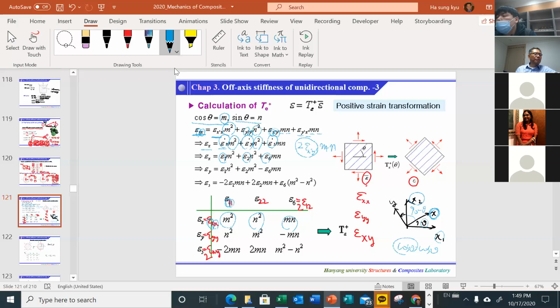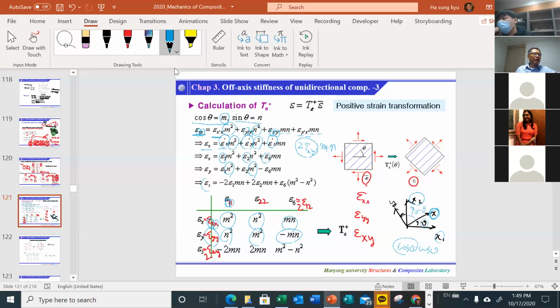We do the same for epsilon yy, and we have a yy and xx, we have a sine theta, and we do exactly the same procedures, but different axes. You will see this is the n square and m square, and there is a minus mn. M square, and minus mn.